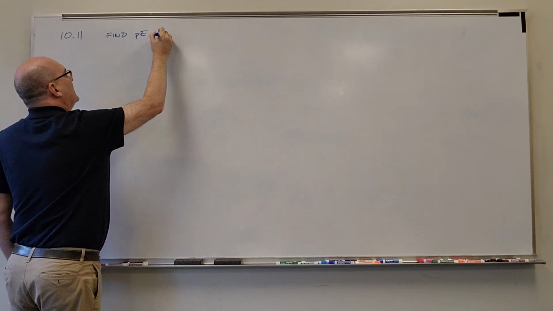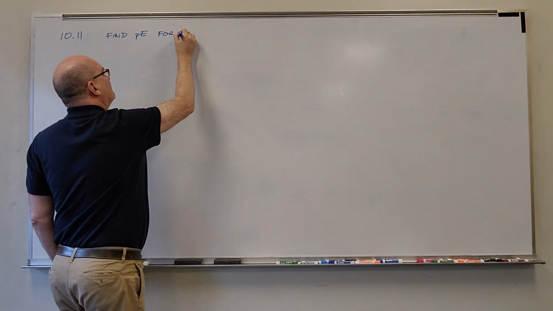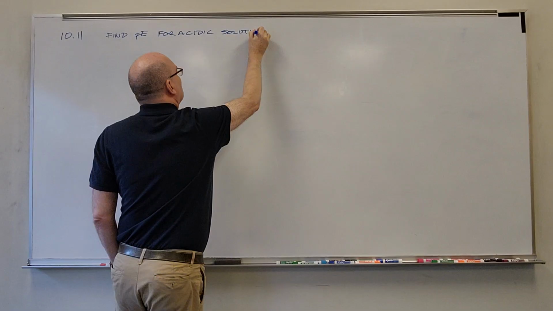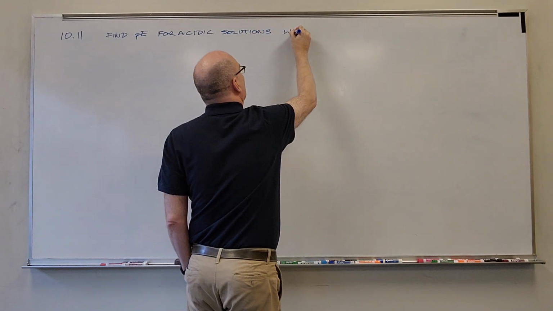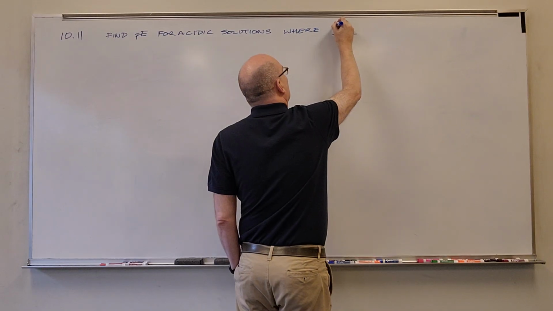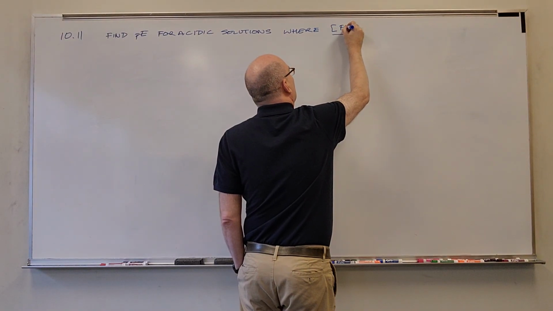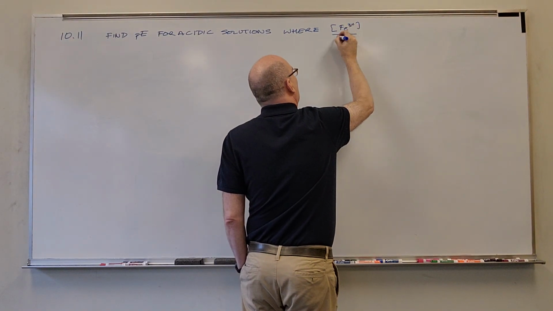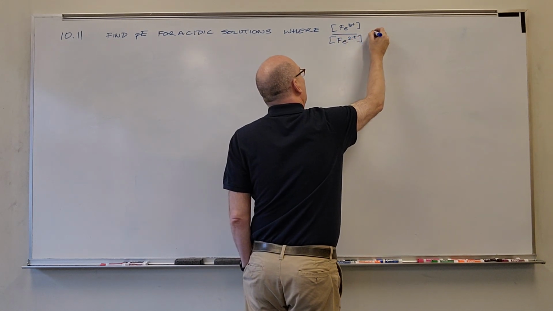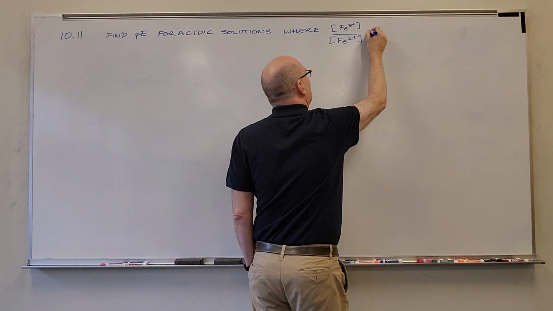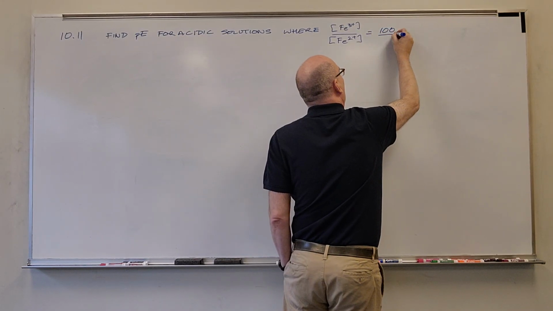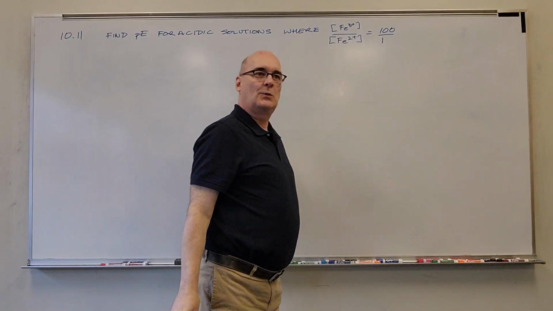Find the PE for acidic solutions where the ratio of concentrations of iron 3 plus to the concentration of iron 2 plus is going to be 100 to 1.